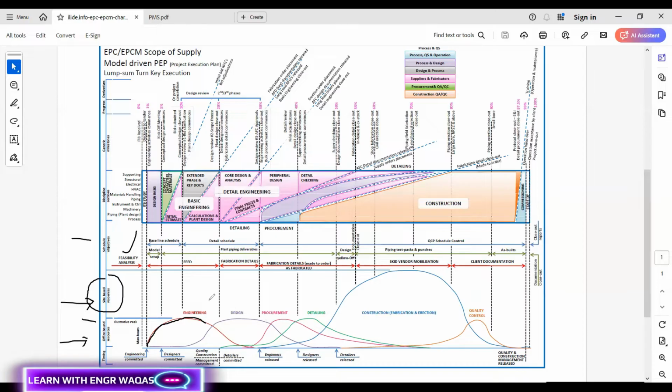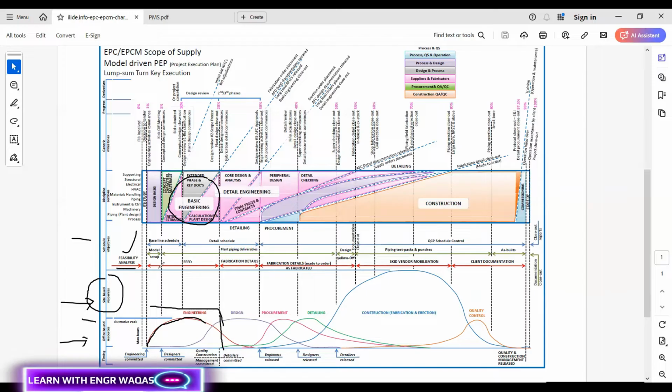Now, if engineering is on the peak, why is it on the peak in this area? Because this area is basic design. That is why it is on peak. I need more engineers and more people who can work on the initial stage of my project, like consultants, the people who are experts in things like preparing feasibility analysis.